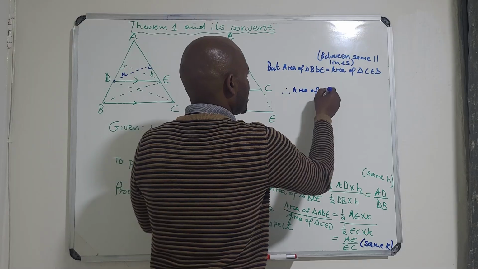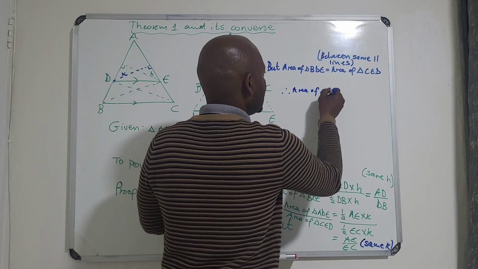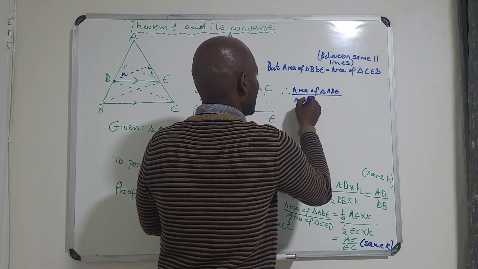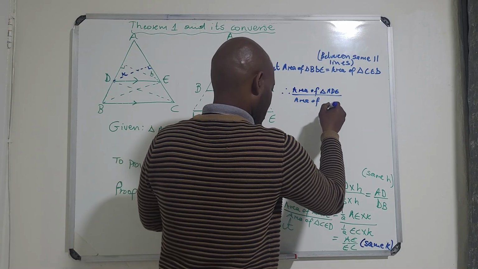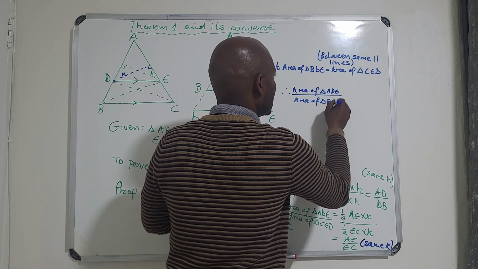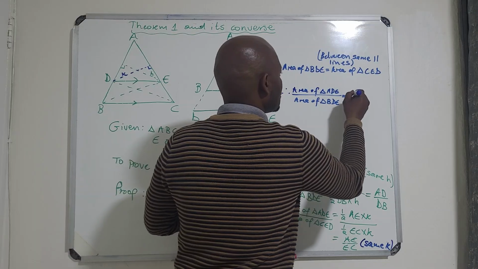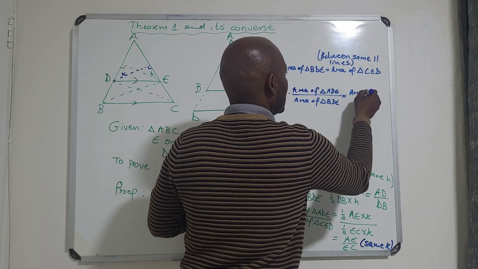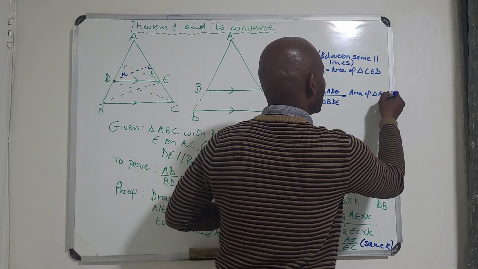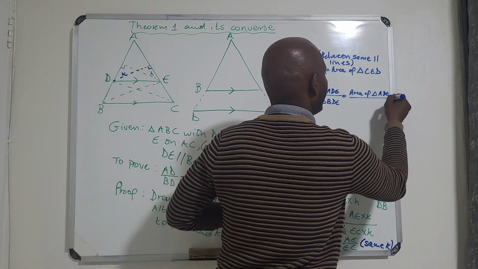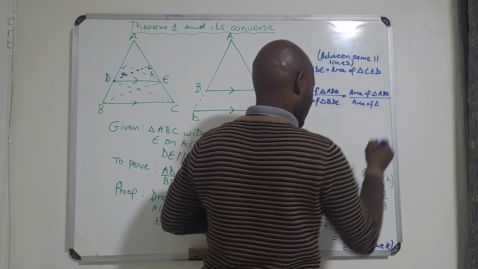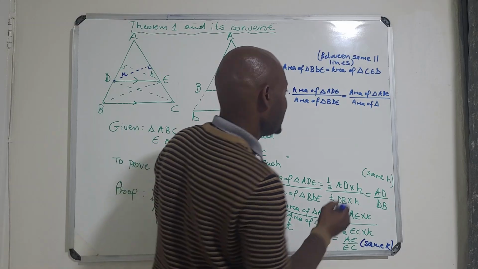Since this and this are equal, we know that area of triangle ADE over area of triangle BDE is equal to area of triangle ADE over area of triangle CED.